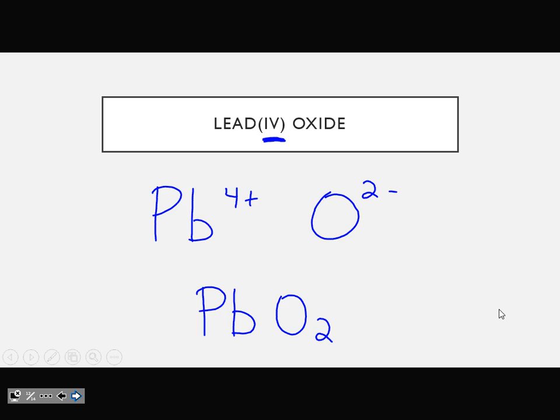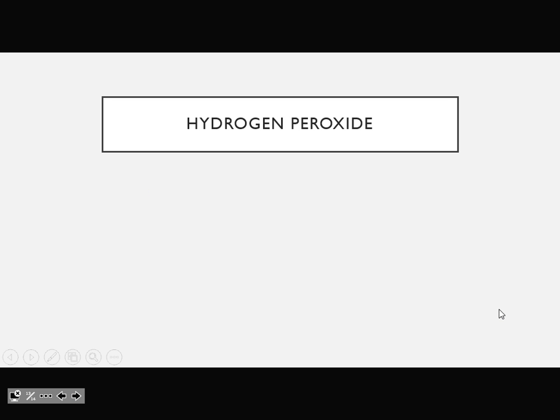Moving on. Hydrogen peroxide. This is a great one, folks, because of a couple of things. First of all, what is hydrogen? Now, if you look on your ion sheets, hydrogen can be a +1, hydrogen can be a -1.